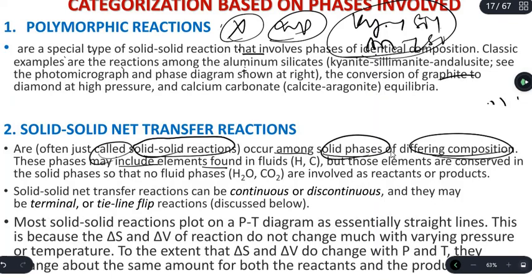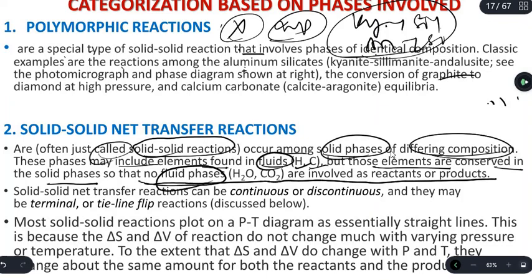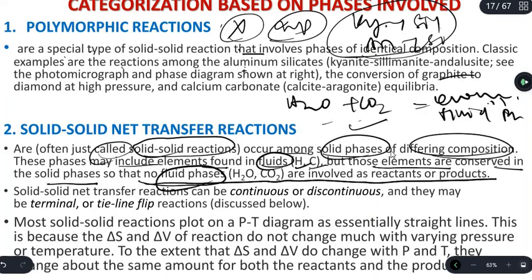These phases may include elements found in the fluid, that is H, carbon, but those elements are conserved in the solid phases. अभी बताया ना, so OH should be conserved in the solid phases so that no fluid phases are evolved as reactant or product. इसको बोलते हैं evolved fluid phase, जो H2O and CO2 देता है either on the reactant side or on the product side. So that should not be present. H2O and CO2 should not be present as reactant or product. It is called the solid-solid net transfer reaction.